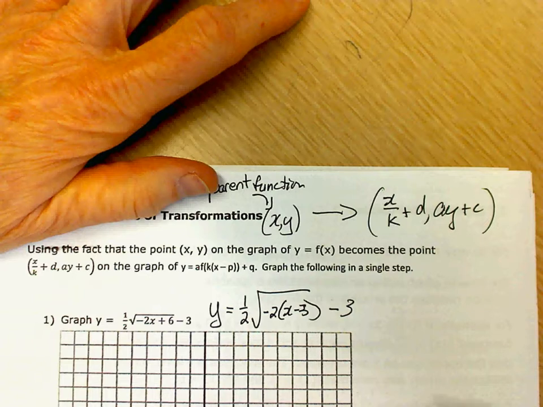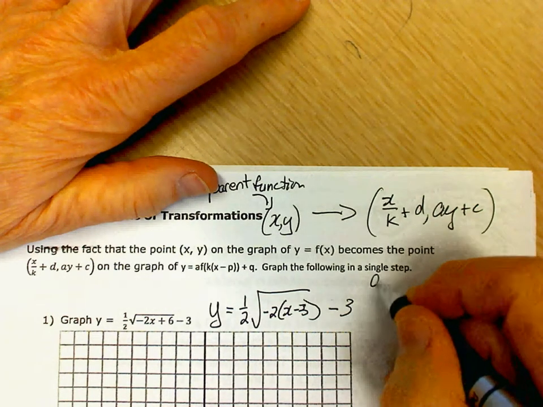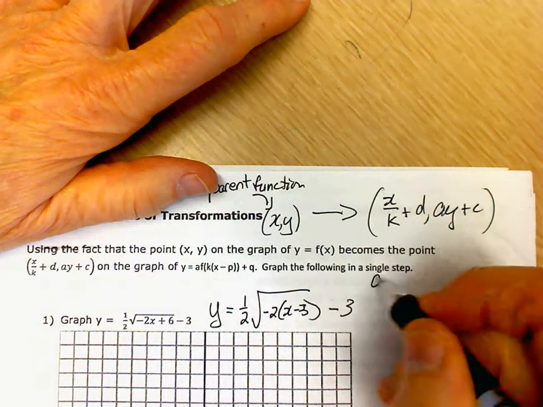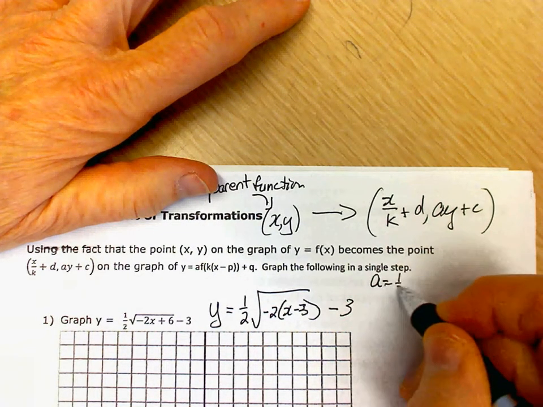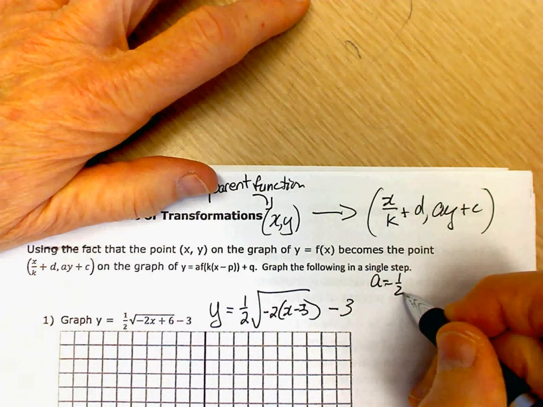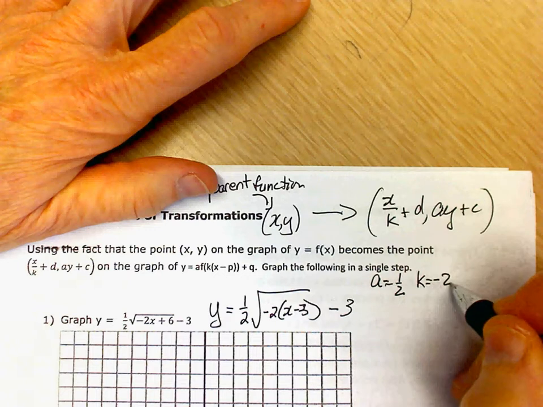Okay, good. So if we look at that, a is in the beginning. A equals 1/2. K equals minus 2.